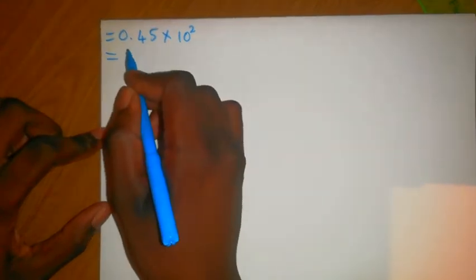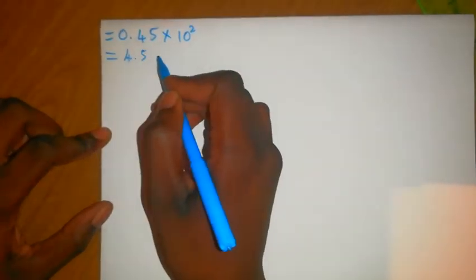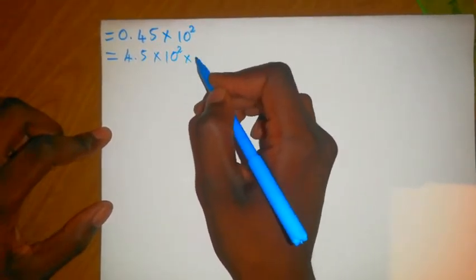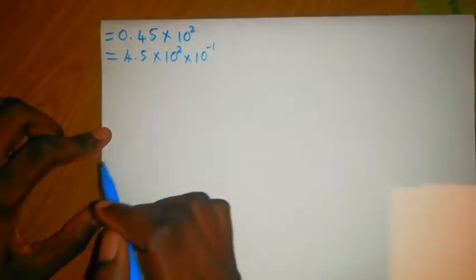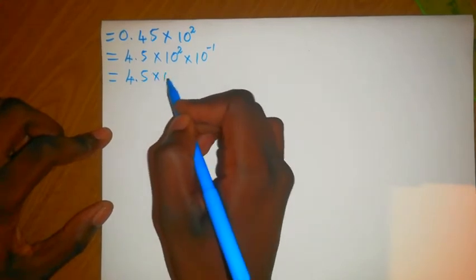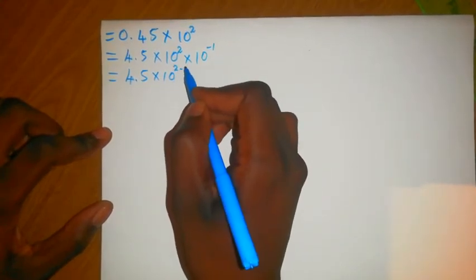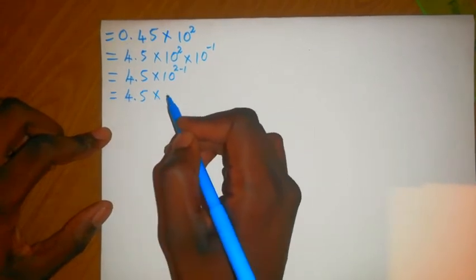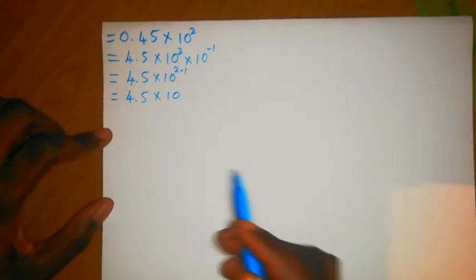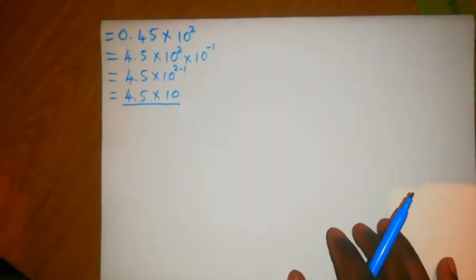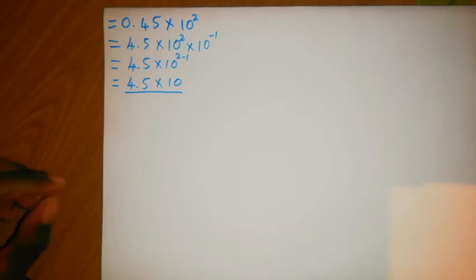So it's going to be 4.5 times 10 to the power 2 times 10 to the power negative 1. It equals 4.5 times 10 to the power 2 minus 1, which equals 4.5 times 10 to the power 1. It is just 10 to the power 1 there, so it's not necessary for you to write the 1. Then let's move on to standard form that applies the concept of square roots.